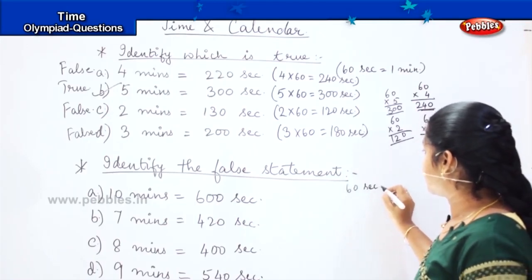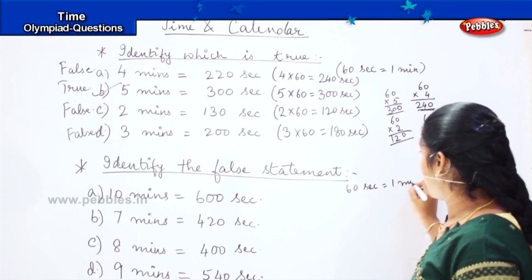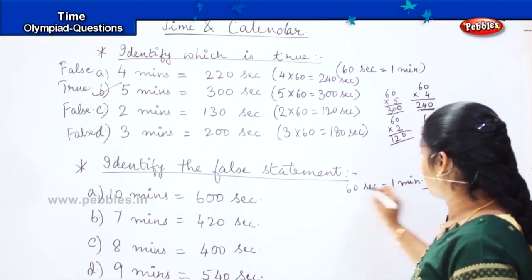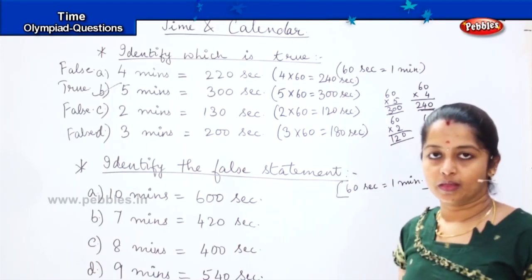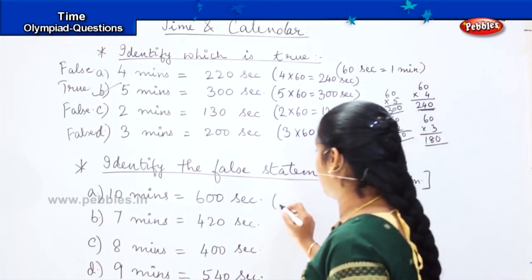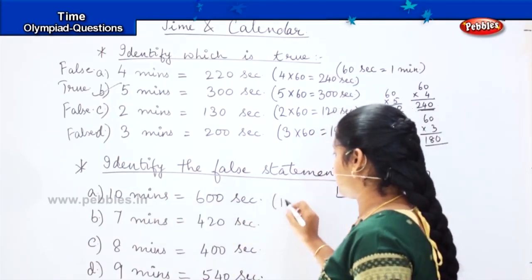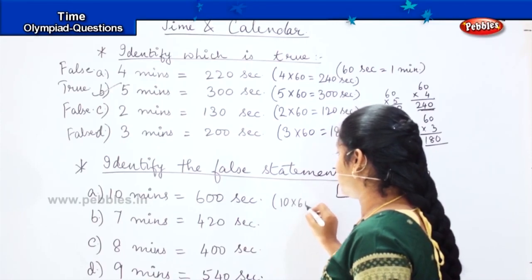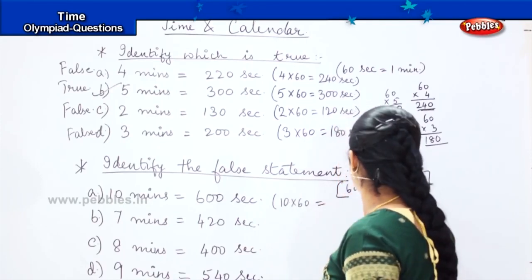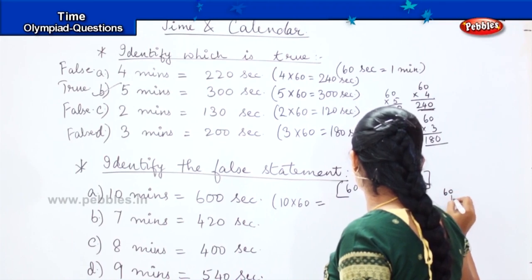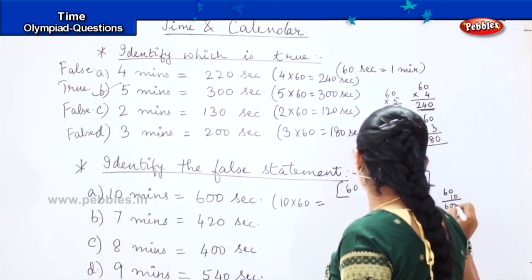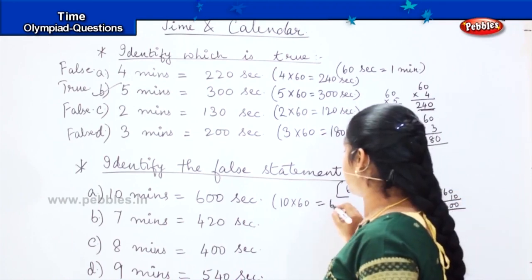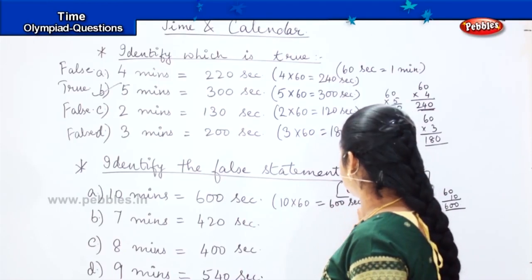Now writing the formula again: 60 seconds is equal to 1 minute. That is the first step. What is the second step? Now we have 10 minutes, so 10 into 60. We multiply 60 into 10, which is 600, so it should be 600 seconds.